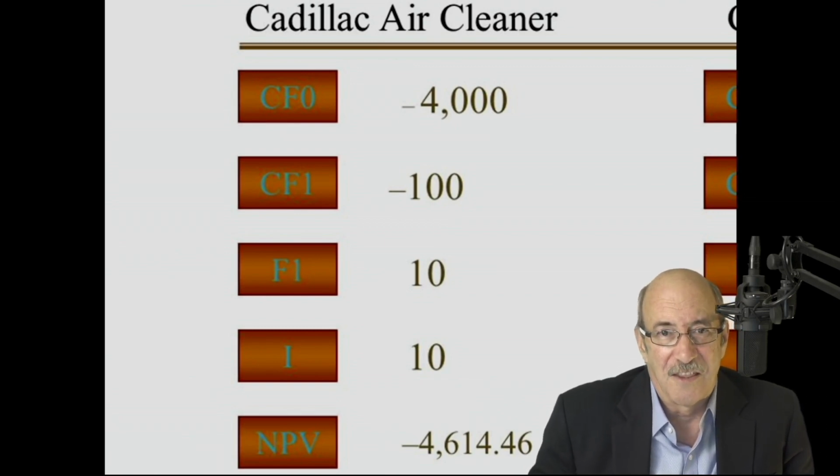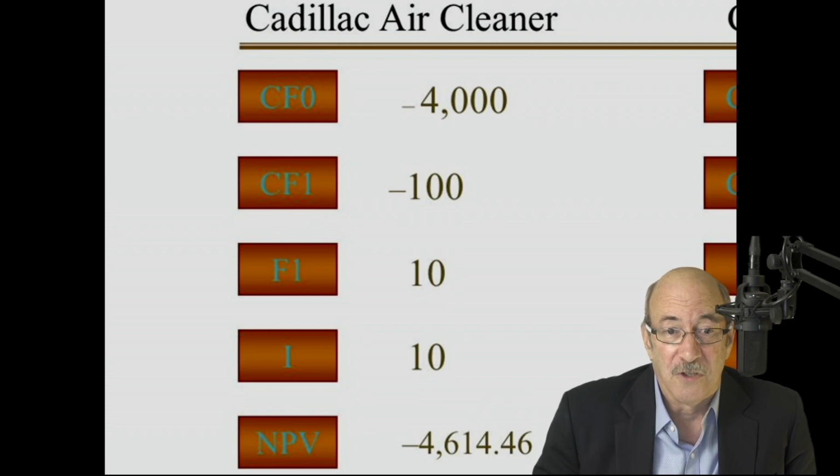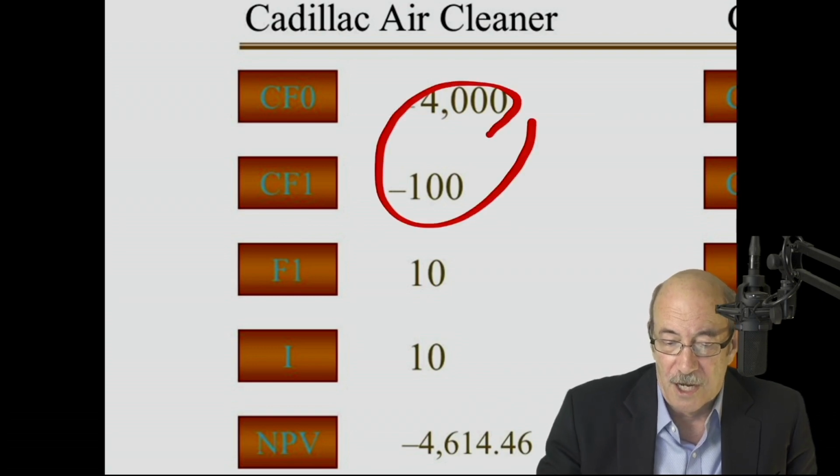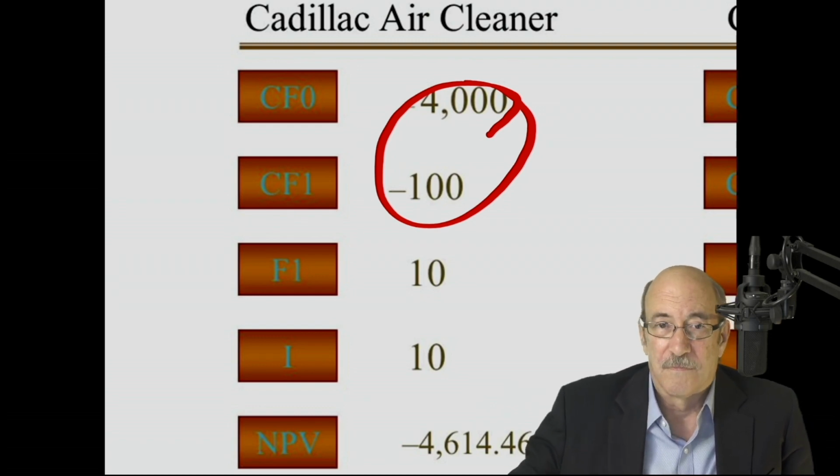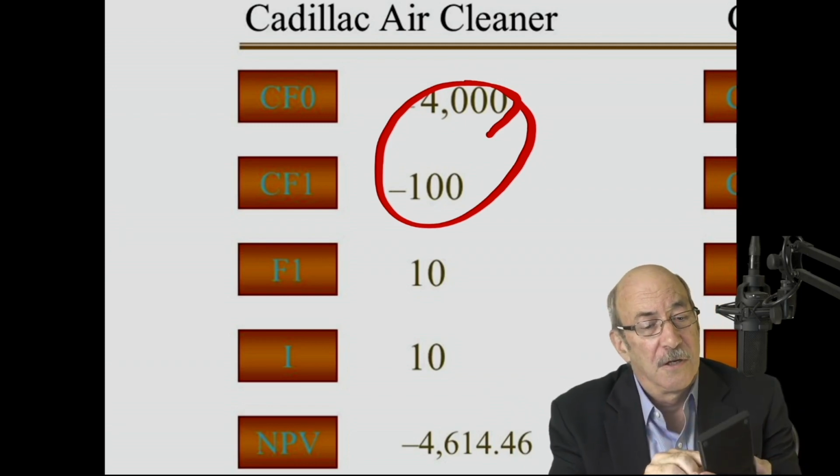It's not that these cash flows are uneven; it's just that there are a bunch of them that are the same. You could actually do this in the regular 5-key N, I, PV, FV, payment, using this as a payment, but the trouble is that both of these are cash outflows, so that's not going to work. You've got to do it in the uneven cash flow function on your calculator.